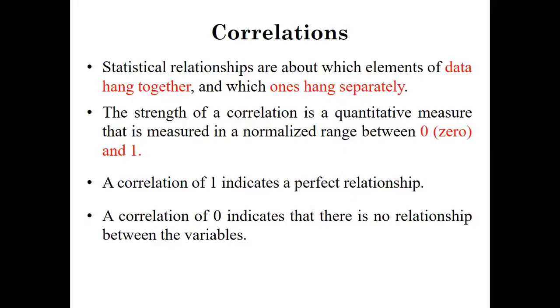So basically correlation talks about how two variables go together and they may not go together. That is how both are related or connected to each other, and how both are not connected to each other. That basically talks about the correlation.